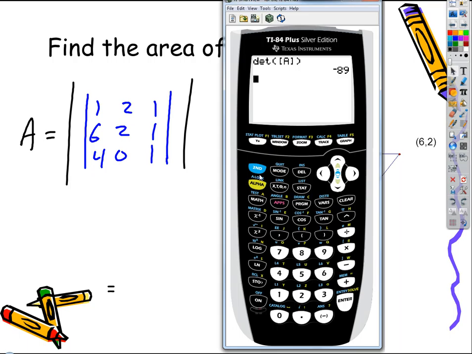So if I put those in the matrix, oh, so look what I did. That's the mistake that you don't want to do.